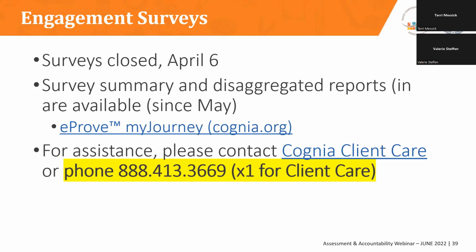As always, contact Cognia Client Care via email or phone for help with technical questions. I have emailed institutions about the availability of these reports last month and the month before.